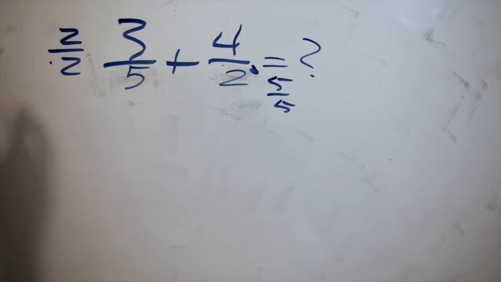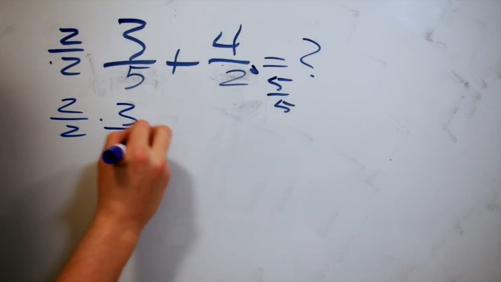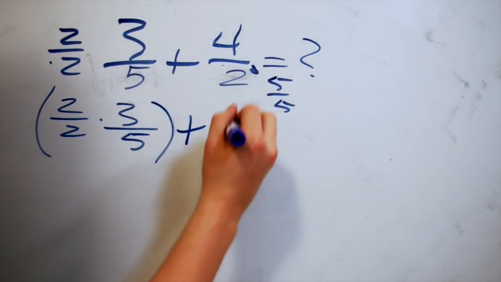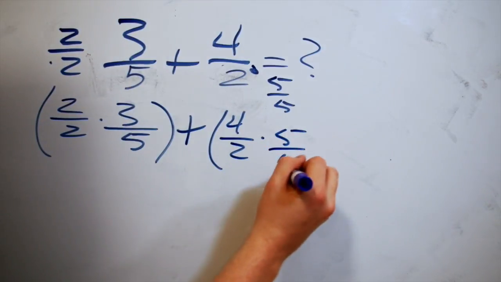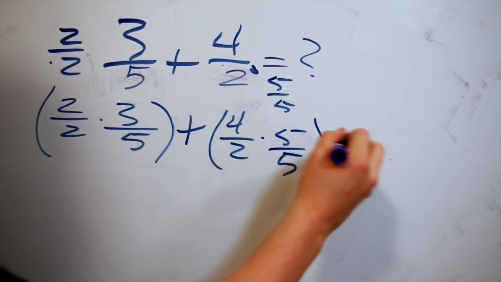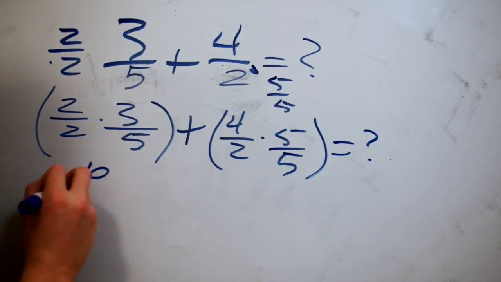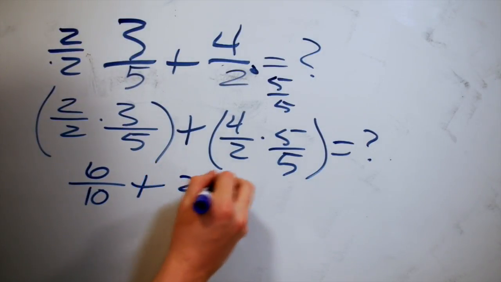Now we're going to bring down everything from the problem to the next little spot there. 2 over 2 times 3 over 5. I'm going to close it up into a parentheses. Plus 4 over 2 times 5 over 5. Also close up into parentheses. That doesn't really change the problem. It just makes it look more fashionable. And that's equal to something. We don't know yet. So 2 times 3 is going to be 6. And 2 times 5 is going to be 10.